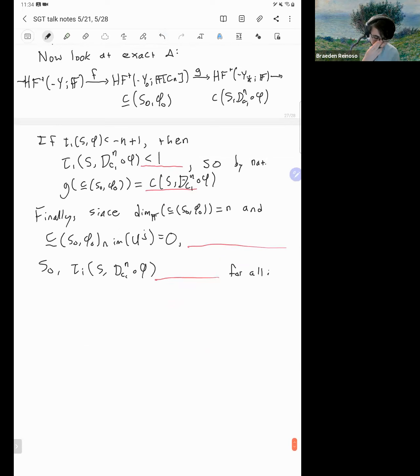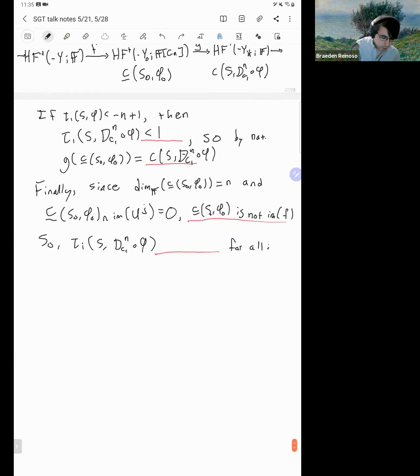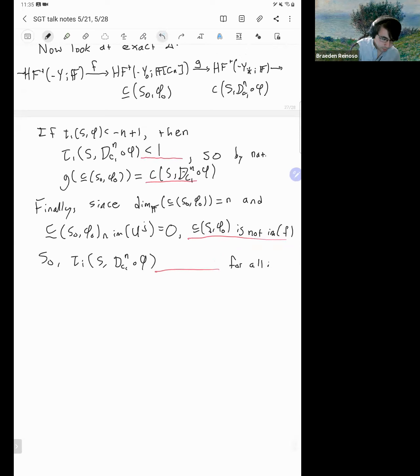And now finally, the last thing that you need to argue is that since the dimension of your twisted contact class of your capped off open book is equal to n, and its intersection with U to the j is equal to 0, then it follows that your capped off twisted contact class inside of minus HF plus of minus Y_0 is not in the image of this first map F. And the point is essentially that the size of the cokernel of F, or sorry, the cokernel of U over here is by definition the dimension of the reduced Floer homology.